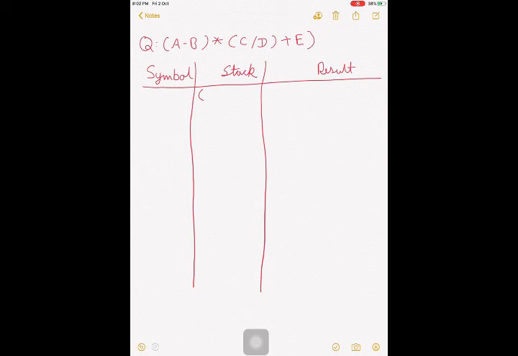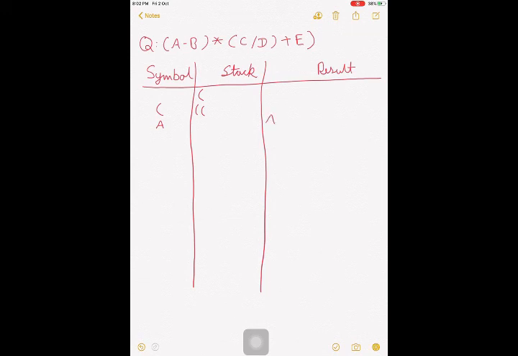Next step is to scan each symbol from left to right. So what is the first symbol? It is an opening bracket again. So we have in our stack 2 opening brackets. Then we get a. a is an operand, so it will move to the result directly.